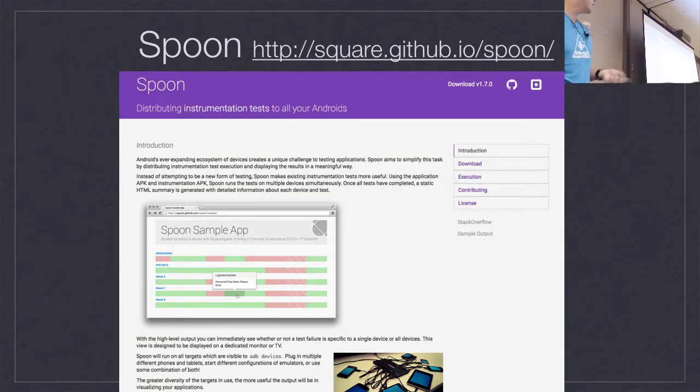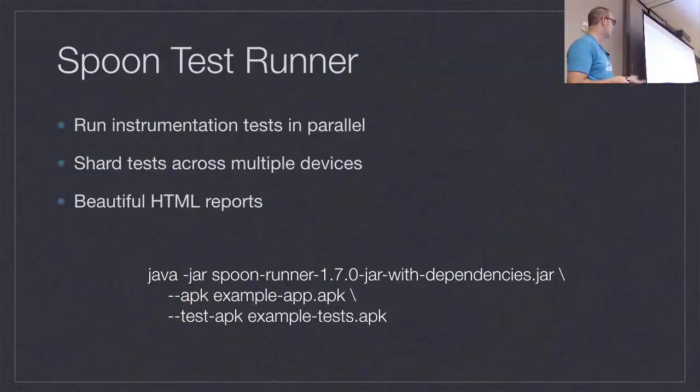Spoon is a library by Square that's kind of outdated, honestly. I think they're doing some work on it now to create a new version, but I don't know what the timelines are for that, probably a year at least or so. But right now, it's the one that we found is the best, and we like it a lot. Not only does it have these visual reports, but instead of you running the instrumentation yourself, you're having Spoon run that for you, so we can start everything, copy all the screenshots off at the end, and capture the logcat.